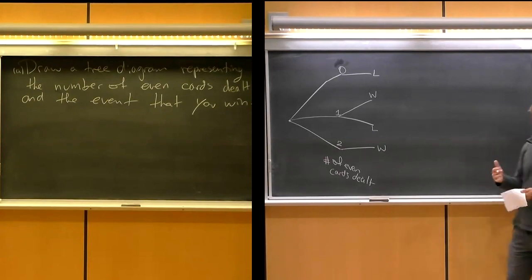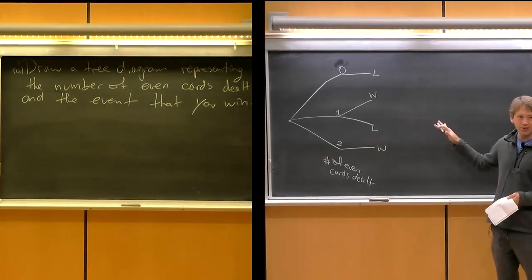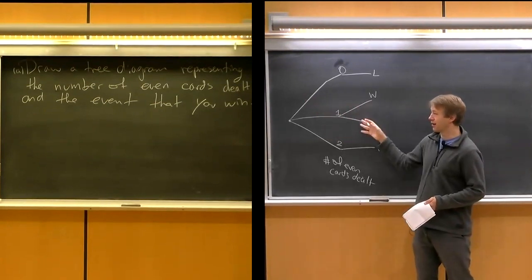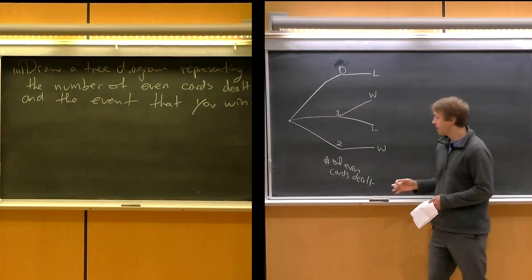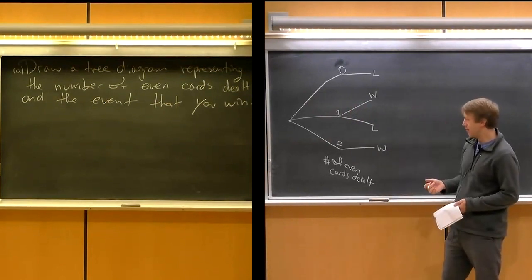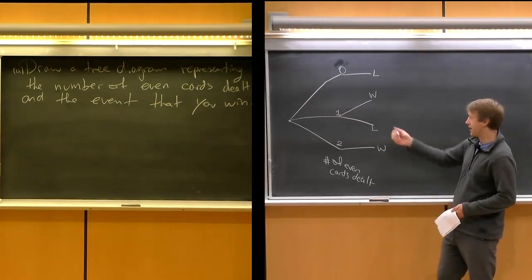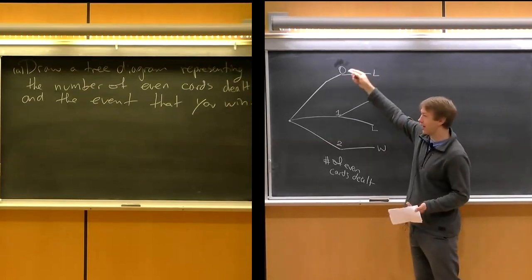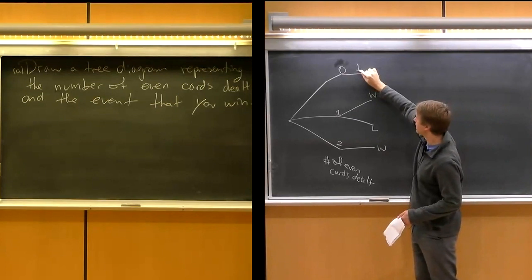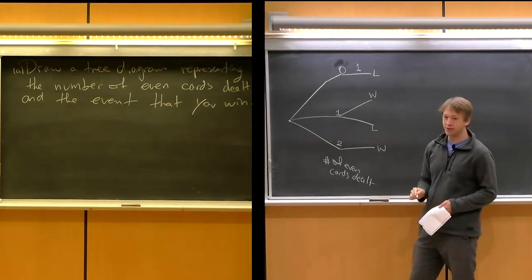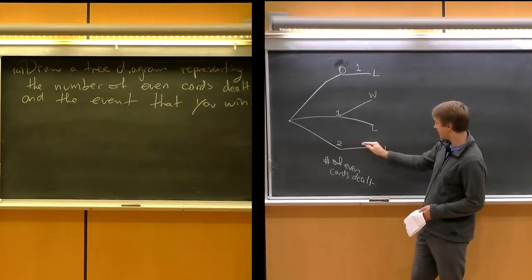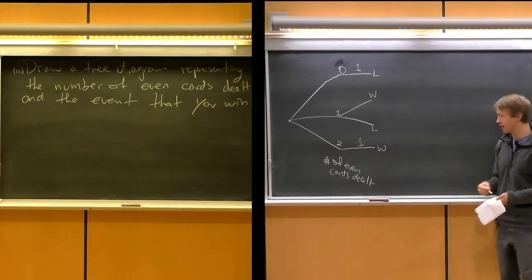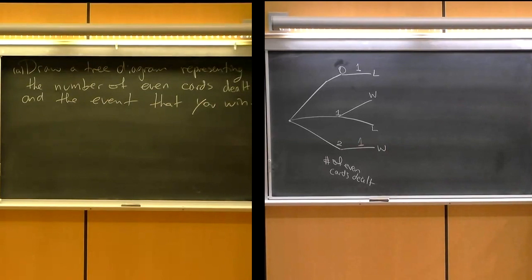Is it clear? So this is part of the tree diagram, but I haven't labeled the different branches. Some of these branches are pretty easy to label, though. For example, if there's 0 even cards, this is a 100% lose situation, right? This is a 100% win situation if there's two even cards.